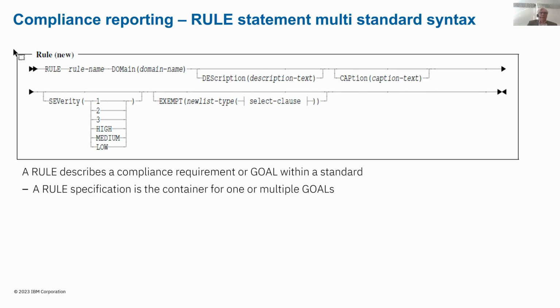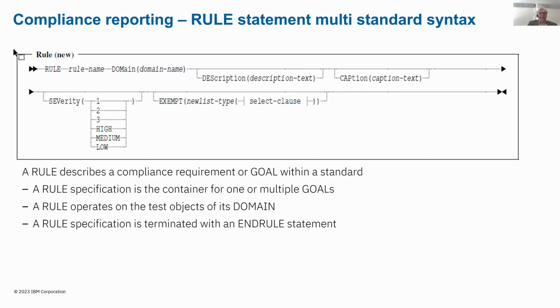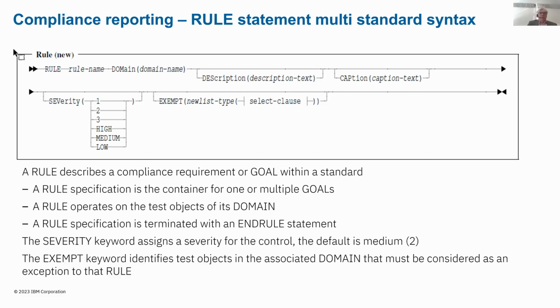So between the rule and the end rule statement, you have multiple goals. And the goals are tested against the domain you specify in the rule. And there's a default severity. There's always a discussion, how many severity levels do you want to support?